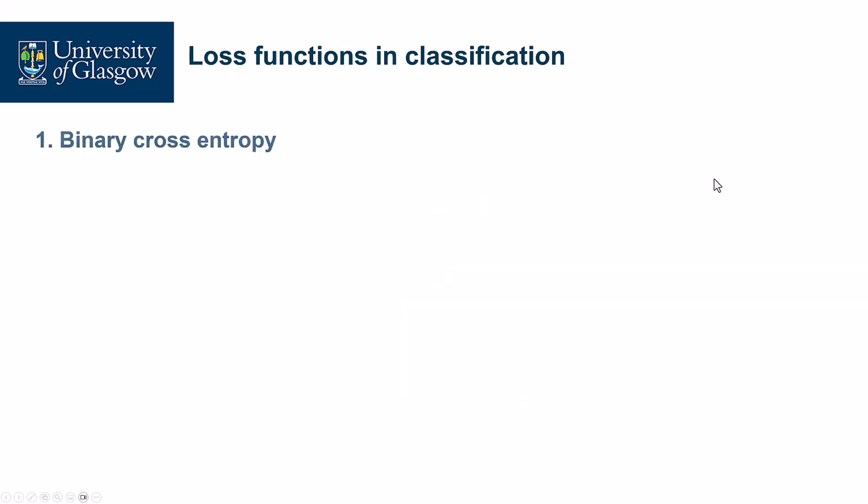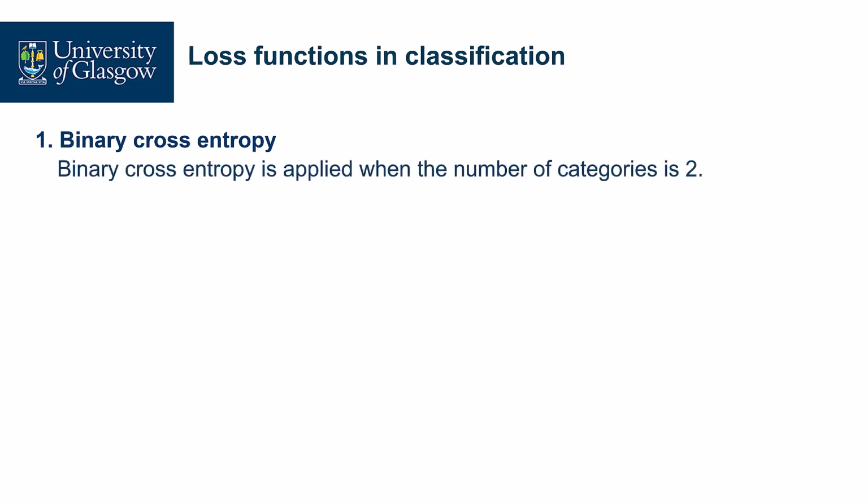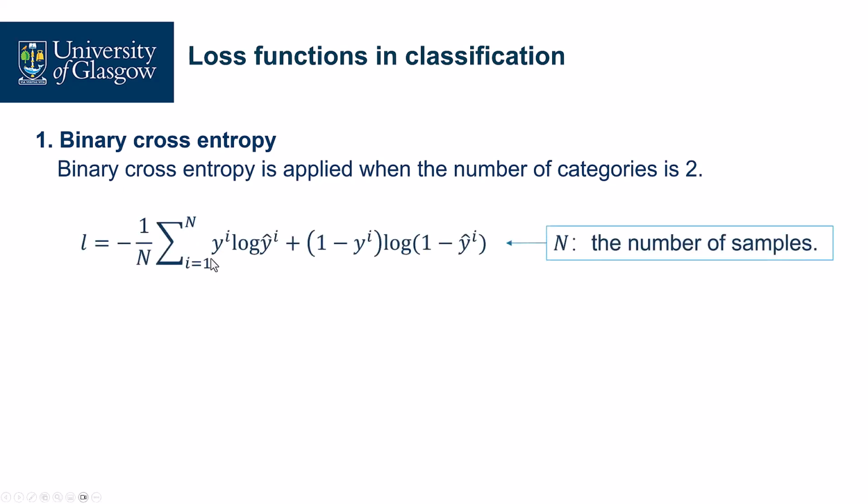For classification, we have some other functions. The first one is binary cross entropy. You have seen it before and even programmed it before in the MATLAB part of the first course of this specialization, right? Binary cross entropy means we have two categories, so either this or that. The formula is here. If there are more than two categories, we need to use categorical cross entropy as the loss function.